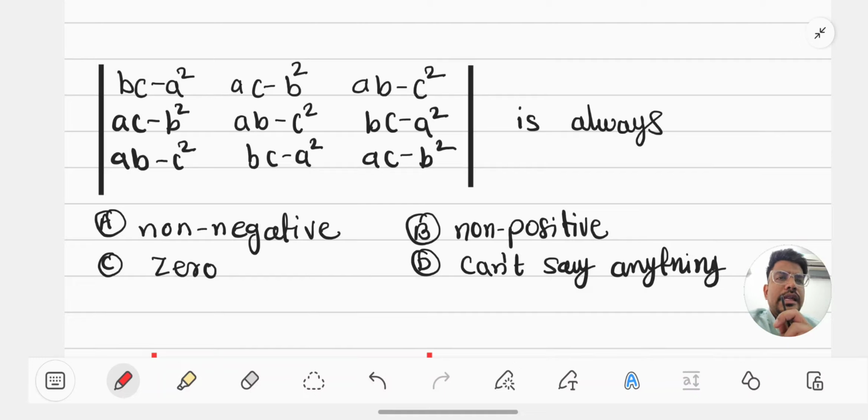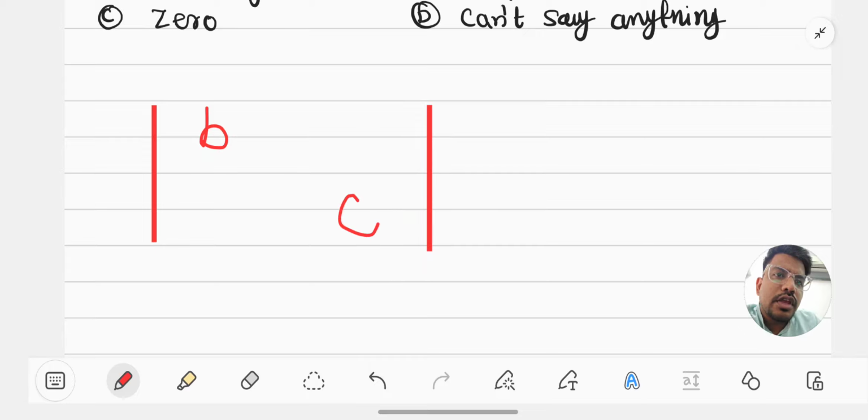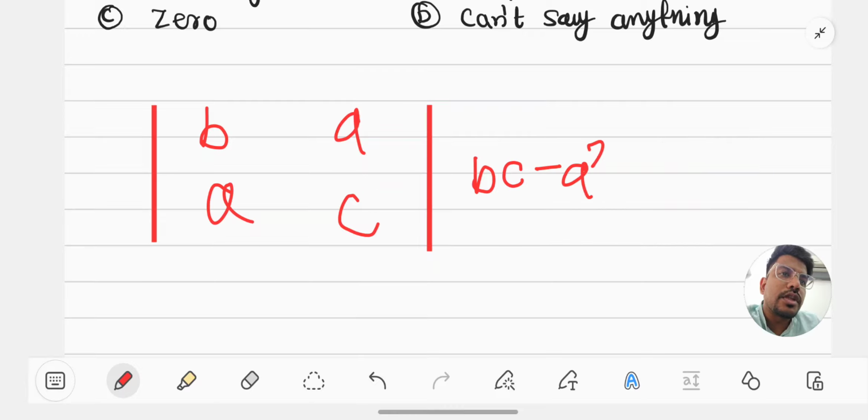Now try and understand this, that if you check out this BC minus A square, this looks like a smaller determinant in itself. Let me show you. Just check this out. If I have B, C, A, if you solve this determinant, that will be BC minus A square, isn't it? Simple, right?